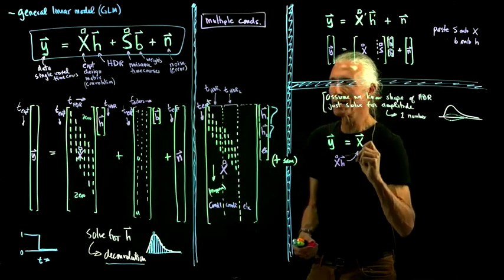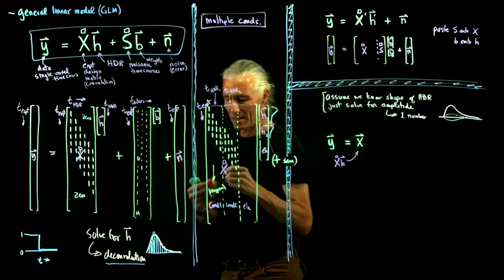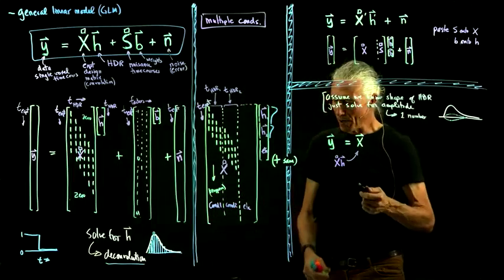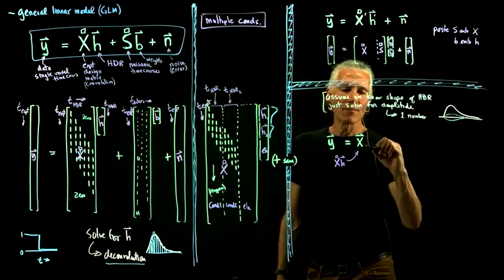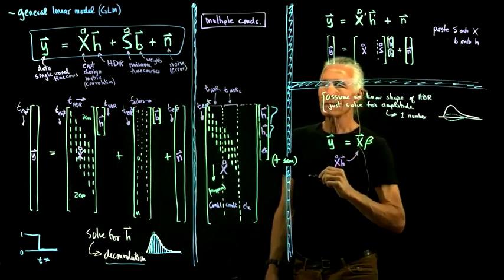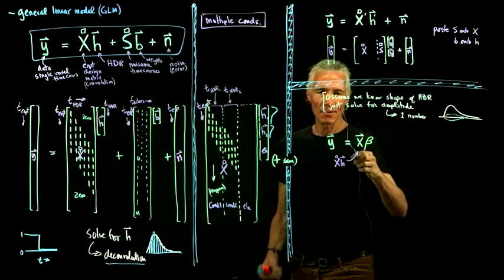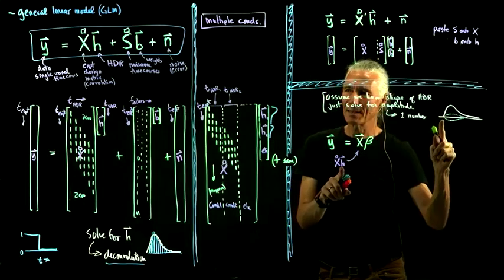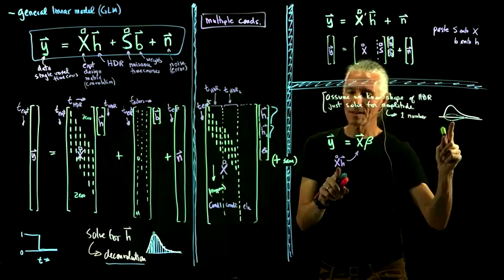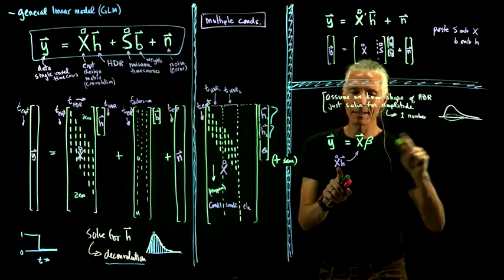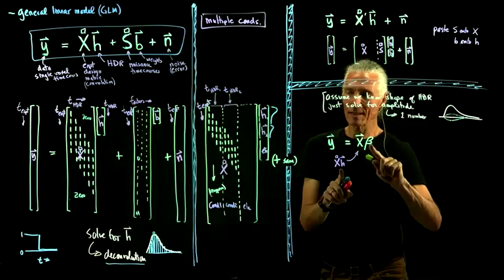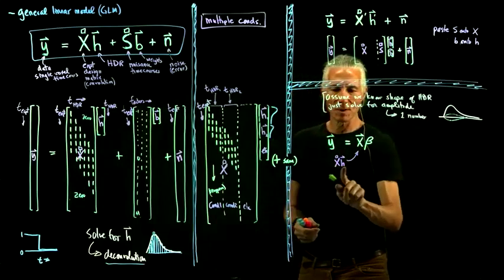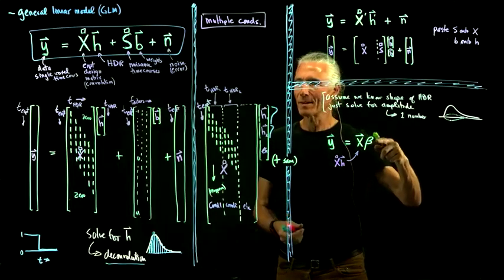So this is just a set of numbers, not a square, not a rectangular matrix. And now we're only solving for just the height. After we've convolved our standard height hemodynamic response function with our experimental design matrix, we just multiply it by a number. So that beta is just a number, which multiplies the height of that hemodynamic response function.